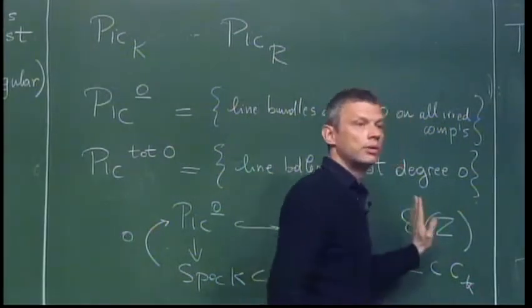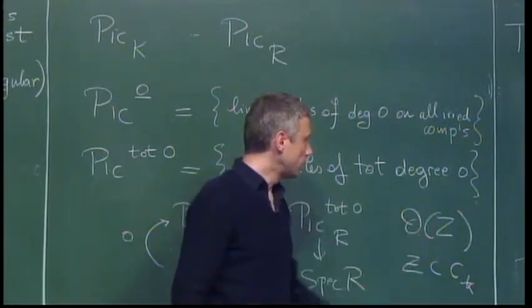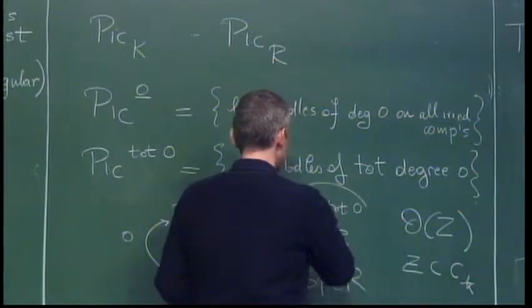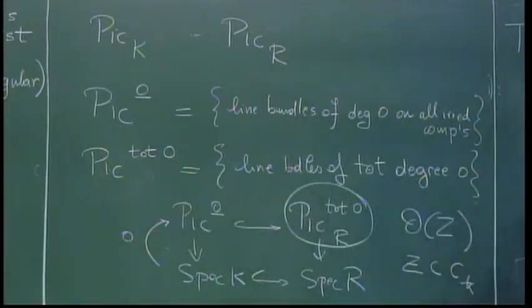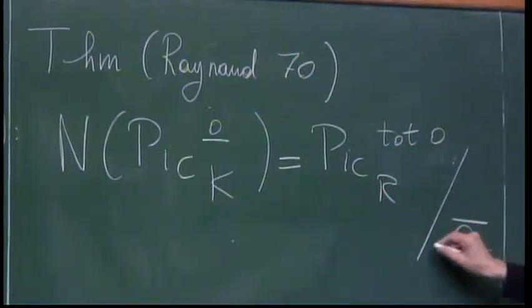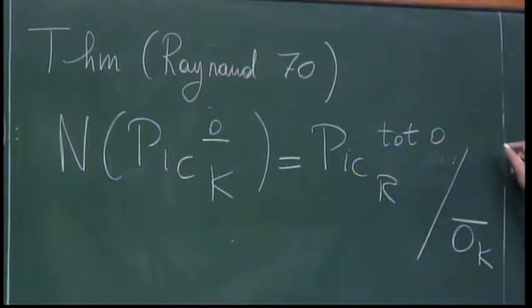Okay? So here we have something which is not bounded, not finite type, not separated. Yet, that's the reason why we mod out by this closure of the zero section. This is what makes the final group scheme bounded and separated, and indeed the Néron model.